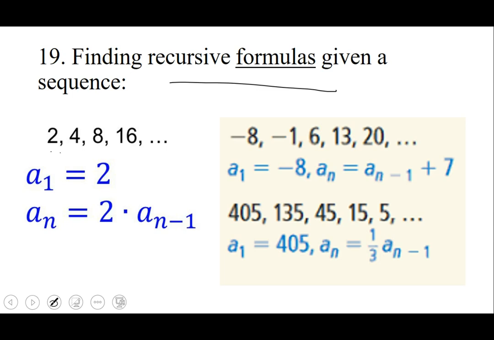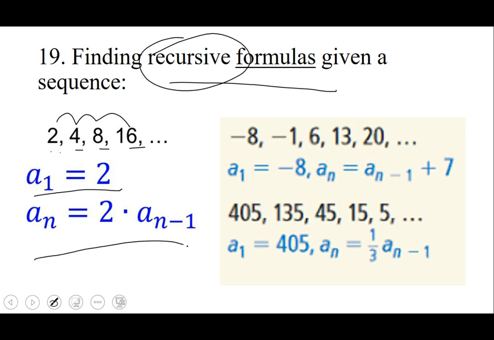So consider 2, 4, 8, 16. If they're telling you that you have to write this as a recursive formula, then you have to write the formula in terms of the previous values. So if you know that the first term in this example is 2, and then to find each of the subsequent terms, you'd be multiplying by 2, the formula that you could be using in general to find any term number would be to multiply 2 times the previous term.